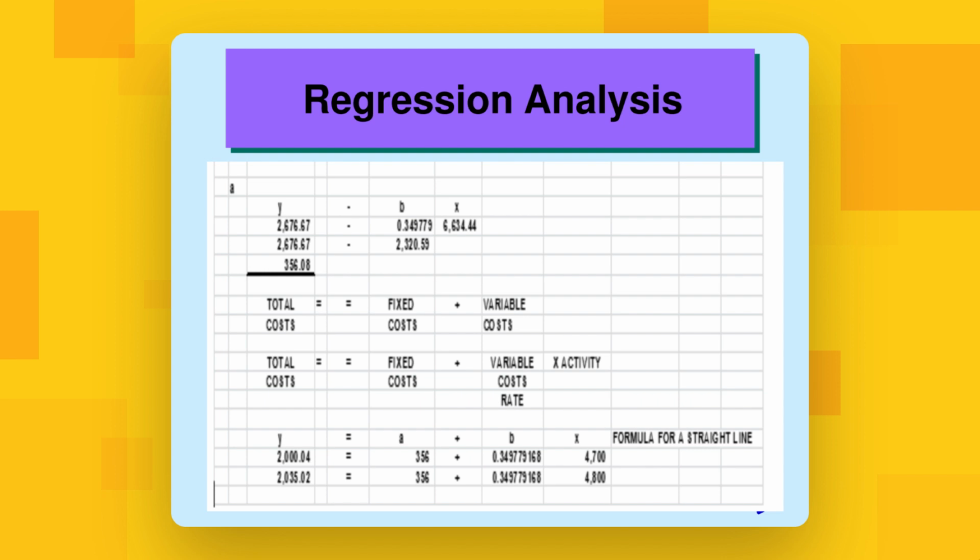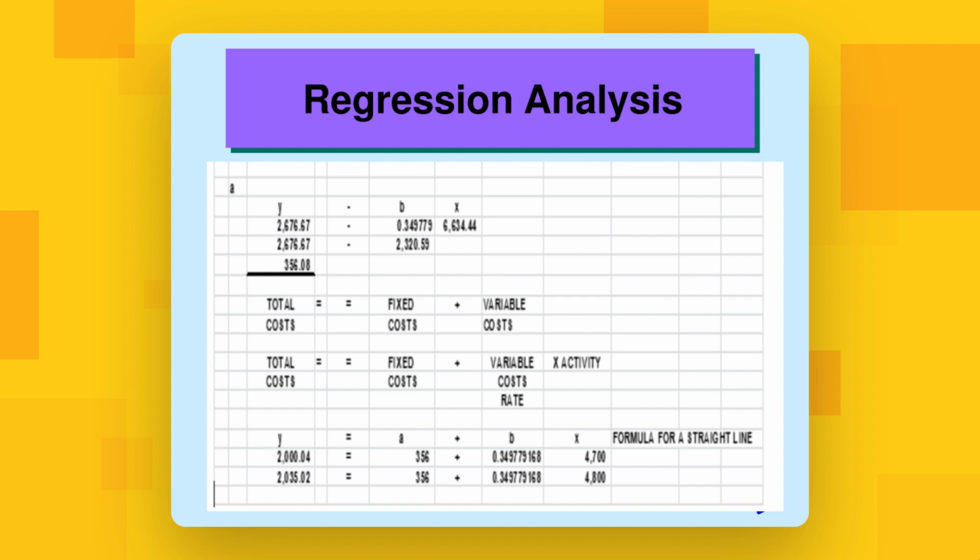Since we compute for the y average of 2676.67, and also we compute for the x average of 6634, just substitute lang, no? So I think the answer for fixed cost is 356.08.